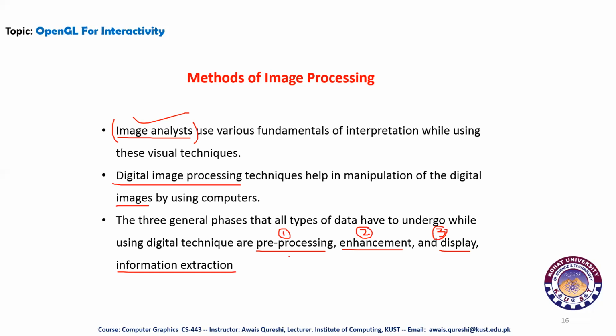In pre-processing, we take a batch of images and do some pre-processing like noise removal and data cleaning. Then we enhance those images by adding some extra information, and then we extract useful information, which is called information extraction.